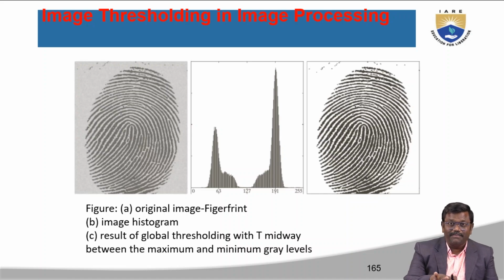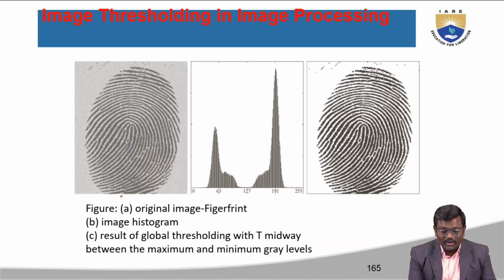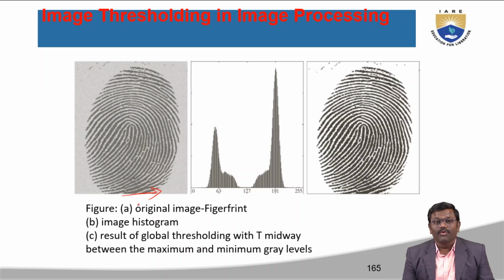By taking this thumbprint, we process one pixel with the other. That means we compare one person's thumb with another person's thumb and find which one is the correct information. For that, we are also using the threshold value.